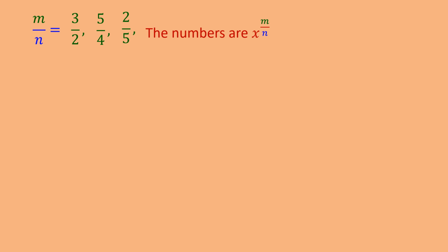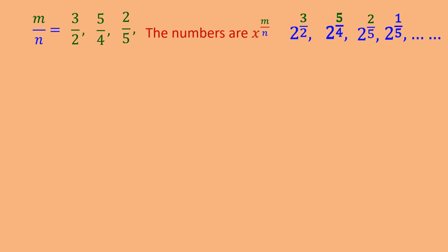So when you see x raised to m upon n, you will get the examples as 2 raised to 3 upon 2, 2 raised to 5 upon 4, 2 raised to 2 upon 5, 2 raised to 1 upon 5. That means the base I have taken, for example, is 2, and the indices are in different forms. Clear?